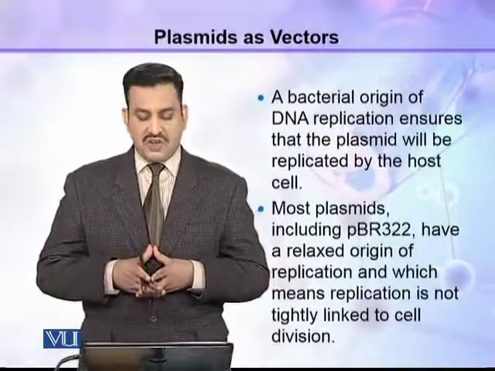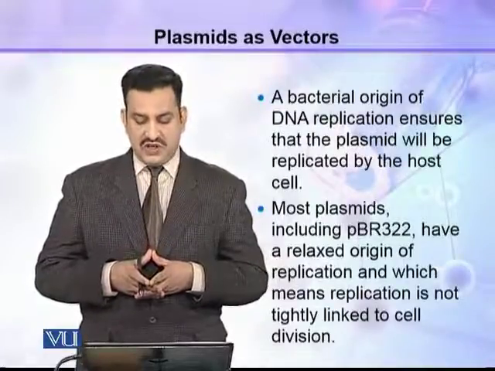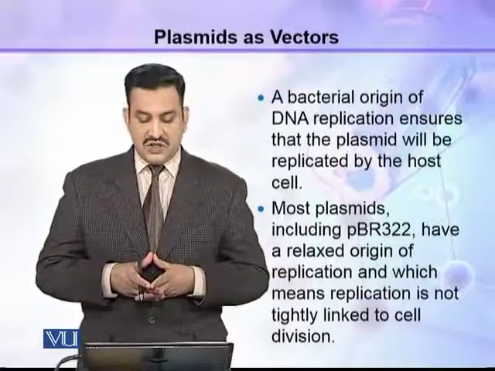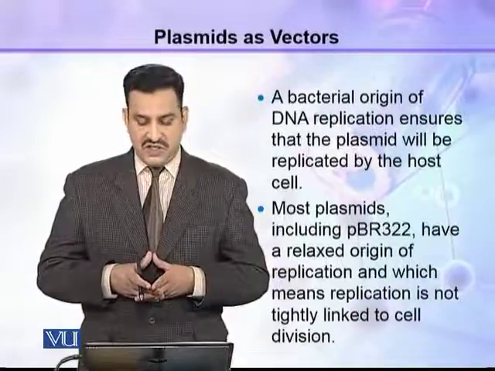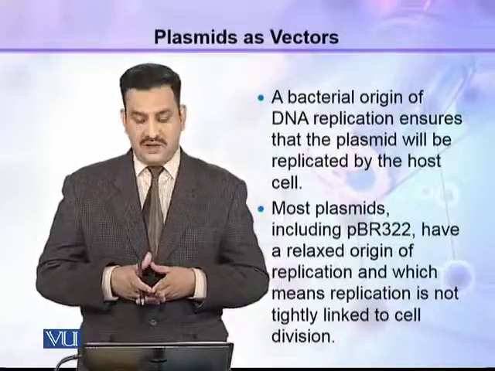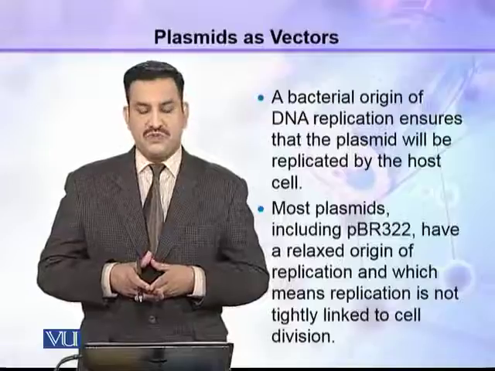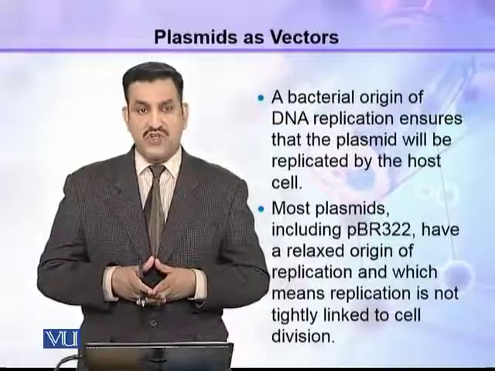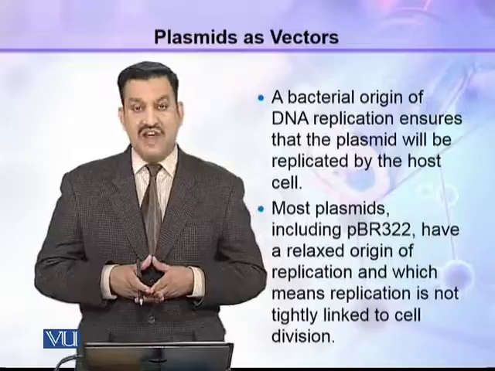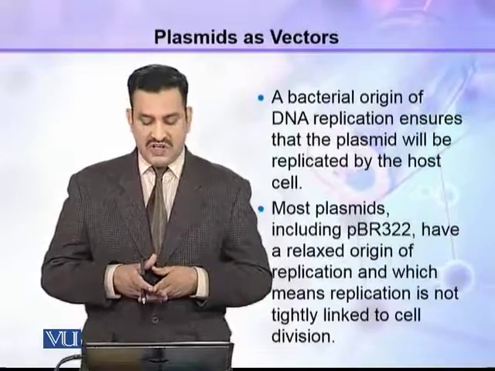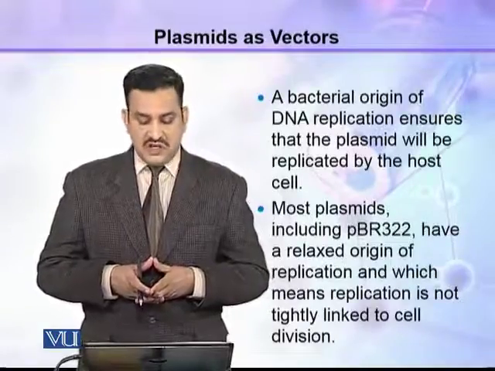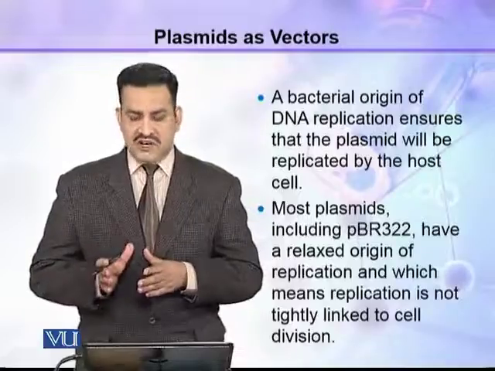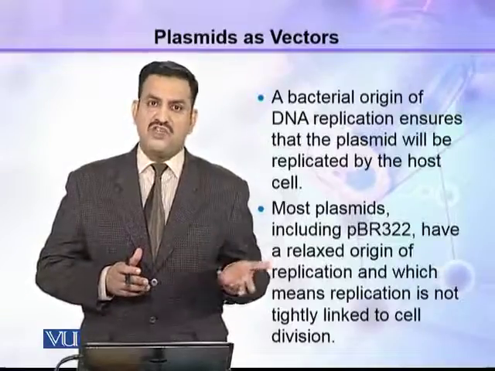A bacterial origin of DNA replication ensures that the plasmid will be replicated by the host cell. Most plasmids, including pBR322, have a relaxed origin of replication, which means replication is not tightly linked to the division of the cell.